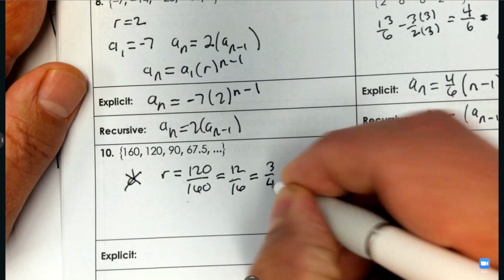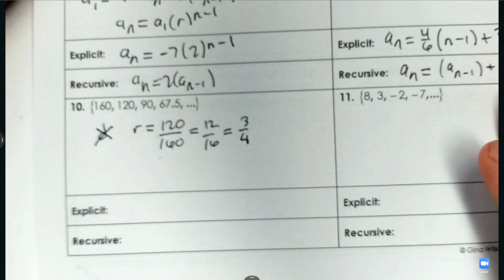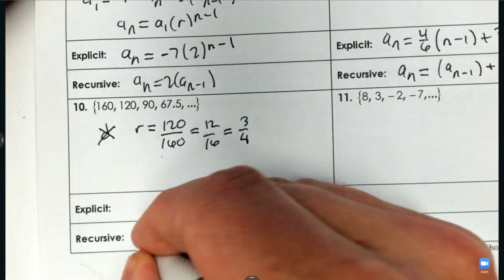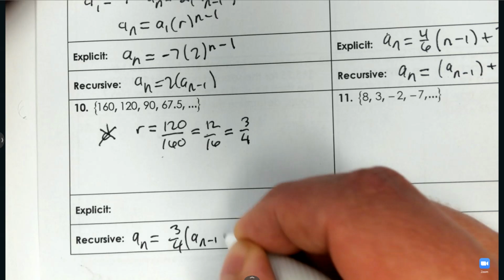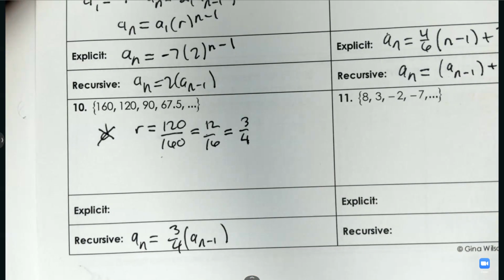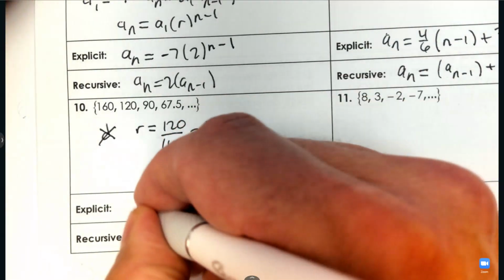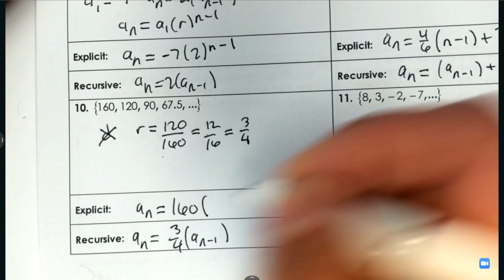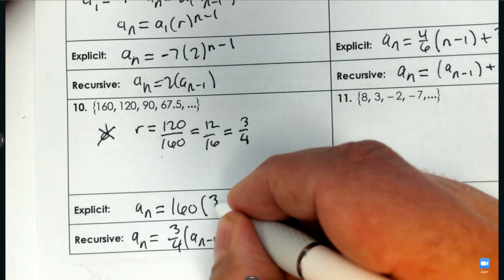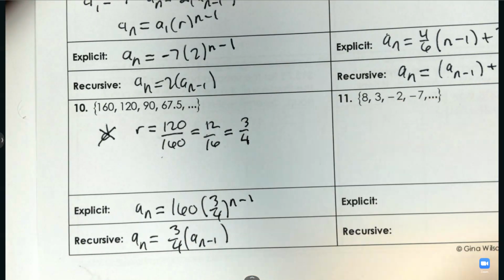So this common ratio is 3/4. So the recursive would take that number 3/4, and you're multiplying the term before. The explicit is using the geometric formula, which is A1, which is 160, R, which is 3 over 4, to the exponent n minus 1.